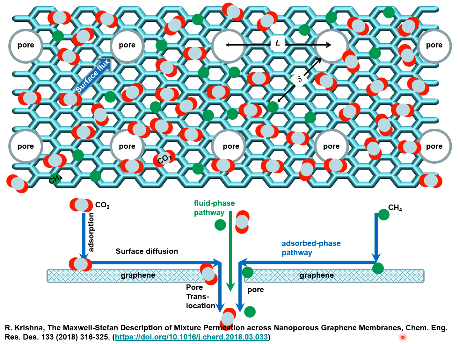The contributions of these various pathways can be quantified, and I restrict today my discussions to the Maxwell-Stefan description of surface diffusion of gaseous adsorbed species along the surface of the graphene.